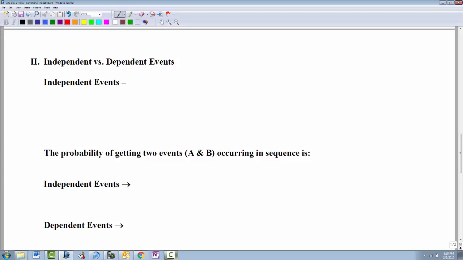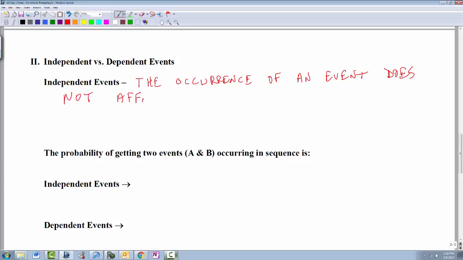An independent event, just to make sure I say this, is where the occurrence of the first event, or just of an event, does not affect future events right after that.